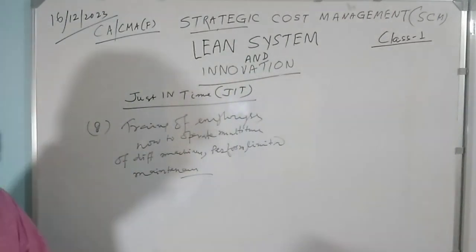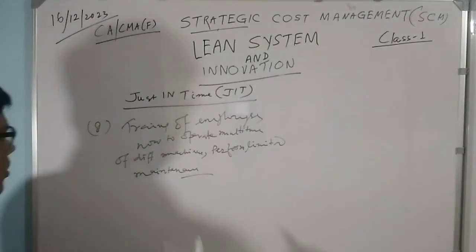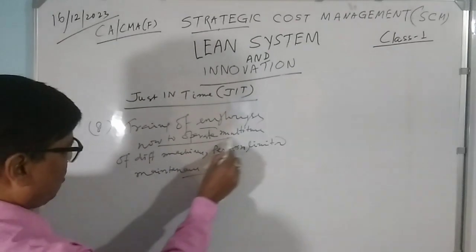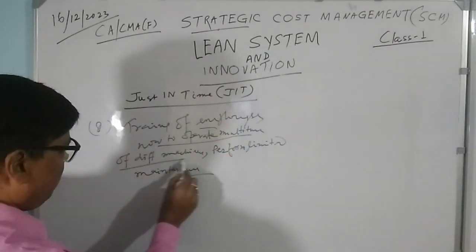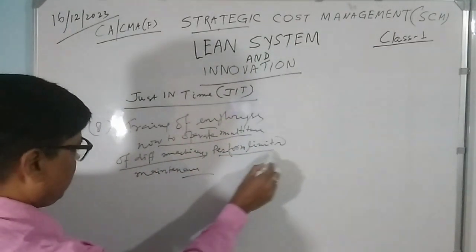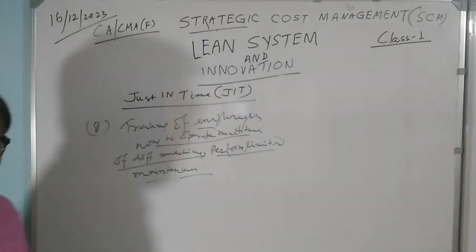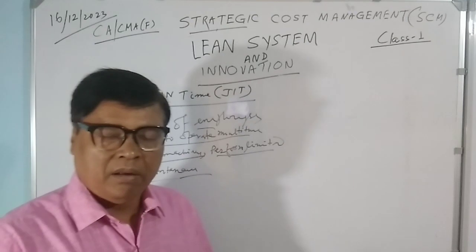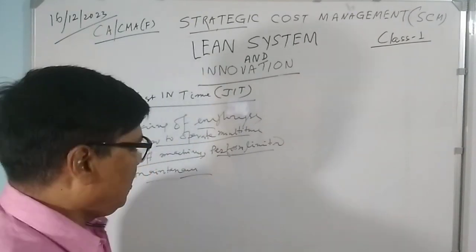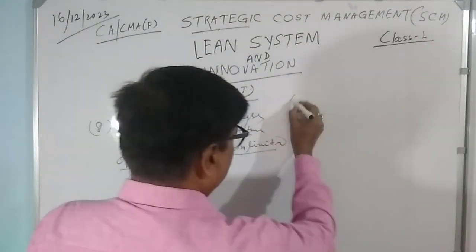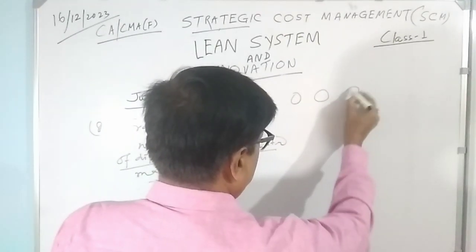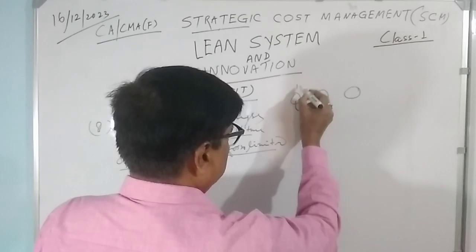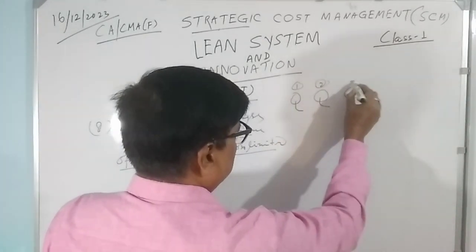See, this stage is also very vital for your cases. Training of employees on how to operate a multitude of different machines and perform limited maintenance. You have to train your laborers in such a way that they can work on different types of machines. Suppose there is a different setup of machines, say machine 1, machine 2, machine 3.